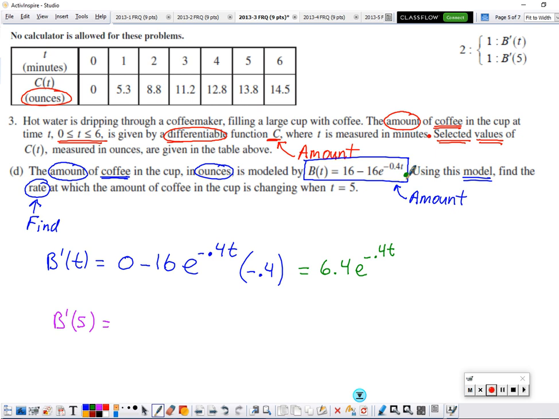Anybody else? Perfect. So plug it in, just write this down. I would not do any simplification at all, otherwise you risk making a mistake. So right here, you can just leave it like that.